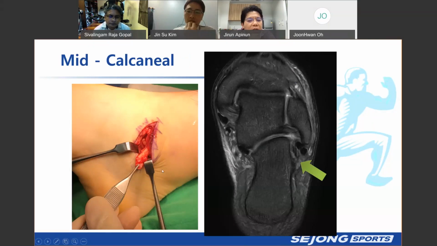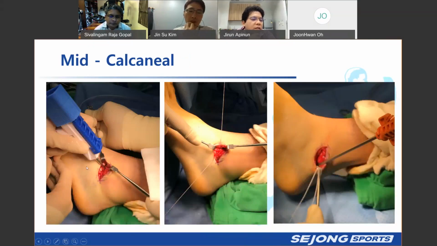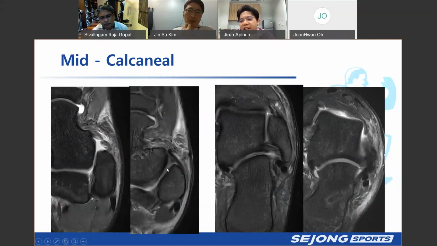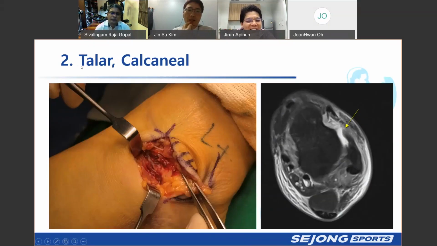And the CFL is torn from the calcaneal side, and we will not use a wrist anchoring for the CFL, and the mid tear is just using a true shot and just repairing. After surgery, the MRI scan shows the repaired ATFL and the repaired, straightened CFL also. Talar side, calcaneal side, you see the MRI scan.